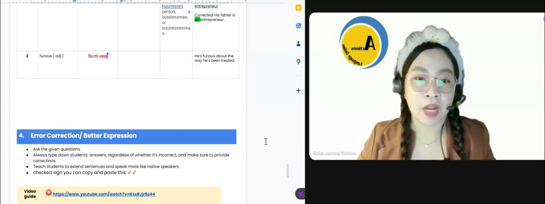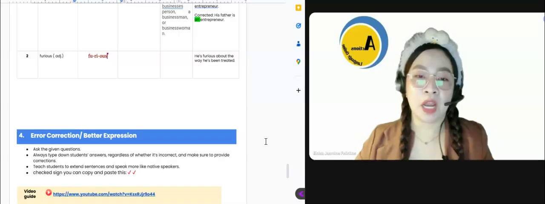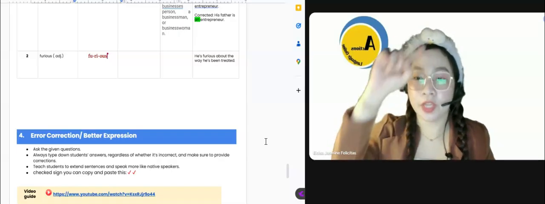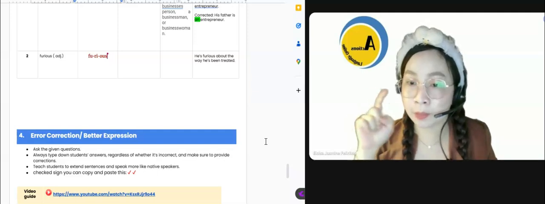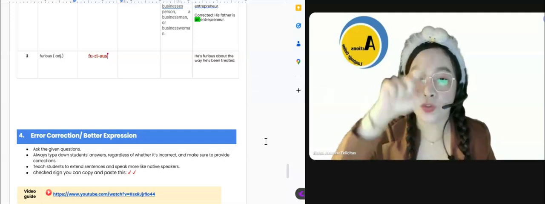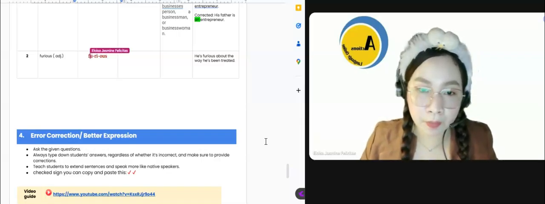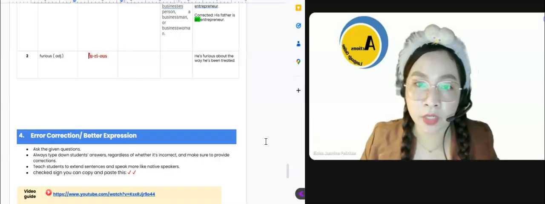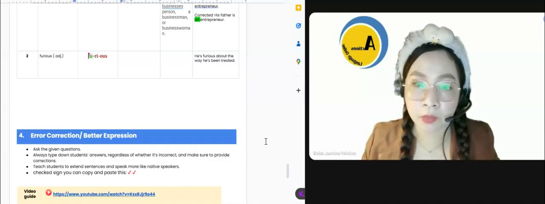The primary stress is on the first syllable, so it is pronounced as furious. Again, the primary stress is on the first syllable. Furious. Let me highlight this one in green so you remember where the stress is.